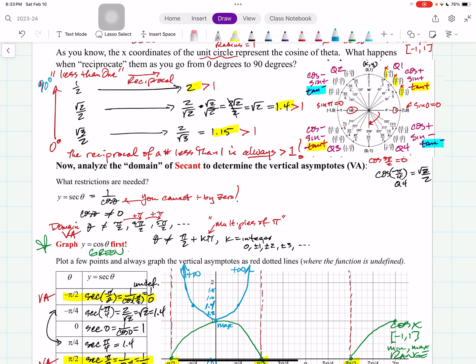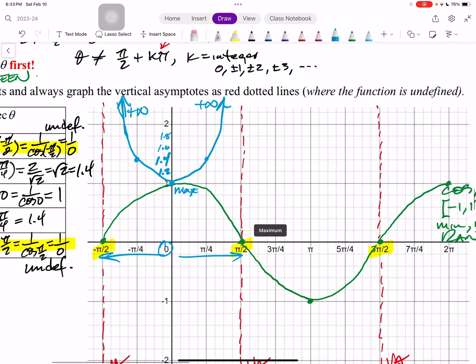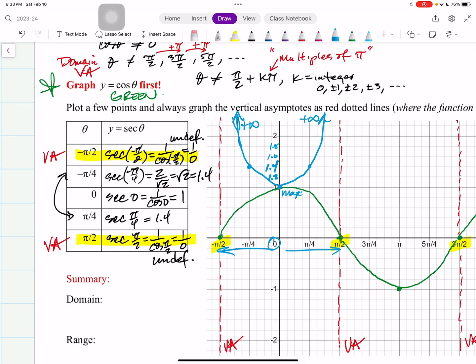We got 1.5, 1.4, and 2. The reciprocals got bigger and bigger and bigger, and that's what happens when you take a look at this graph here. Let's look in from 0 degrees into 90 degrees. So in this interval right here, you take any value on the graph. You take this value really, really close to pi halves at point A.